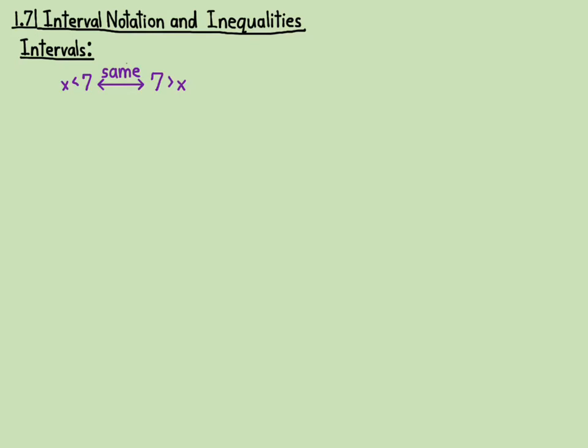So since the little end of the arrow is on the x in both cases, you read x is less than 7. It's kind of important to understand. Now when you graph these, for x is less than 7, you have to go by what it says.